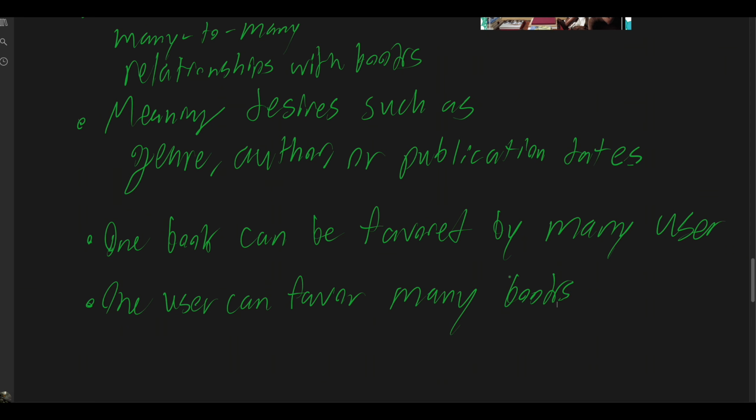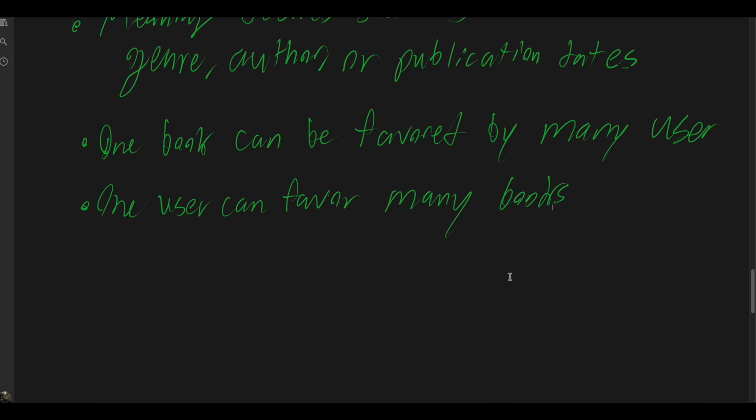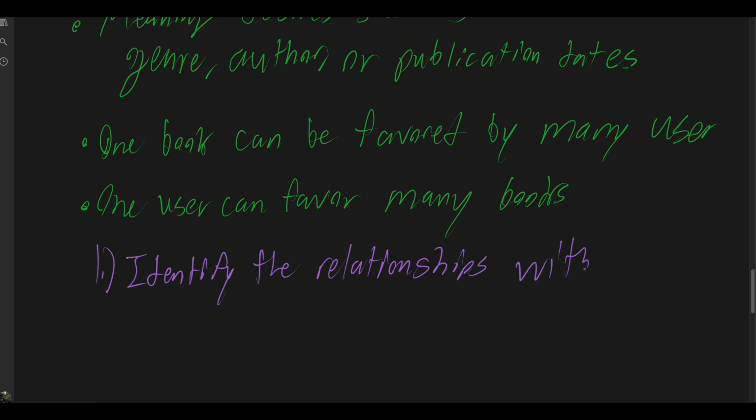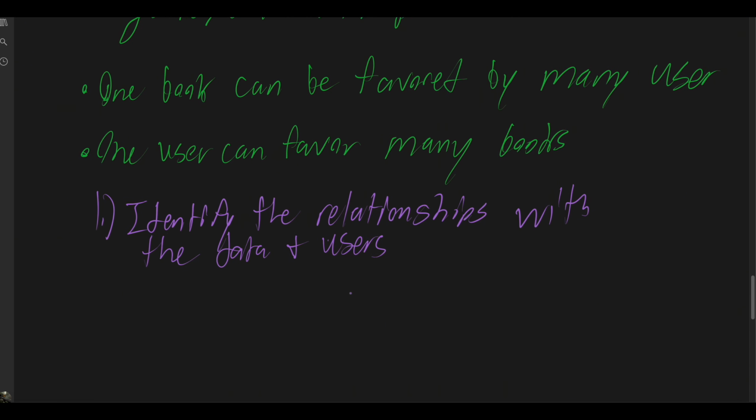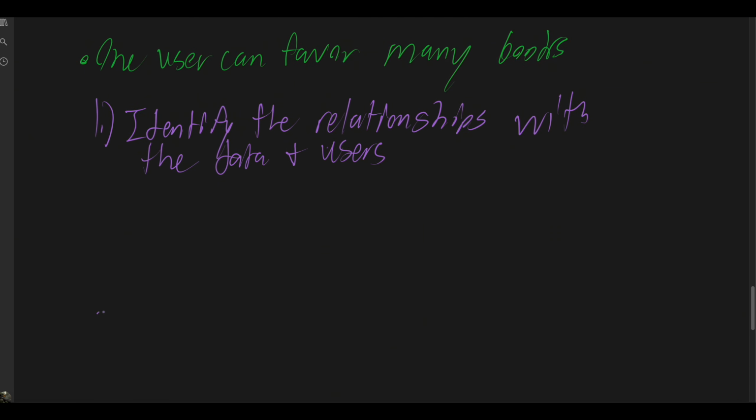And for us to be able to develop the schema in order to solve this problem, the first thing that we need to do, let me just use a different color. One, we need to identify the relationships with the data and users. And then also, you need to implement the correct database.